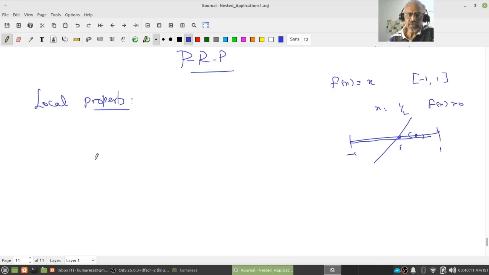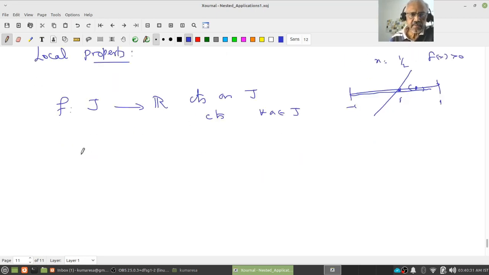But suppose I want to say f retains the same sign on all of J, that is f is from J to R, continuous on J. What does it mean? That is continuous at each and every a in J. Then I want to say f retains the same sign, and assume f(x) is different from 0.